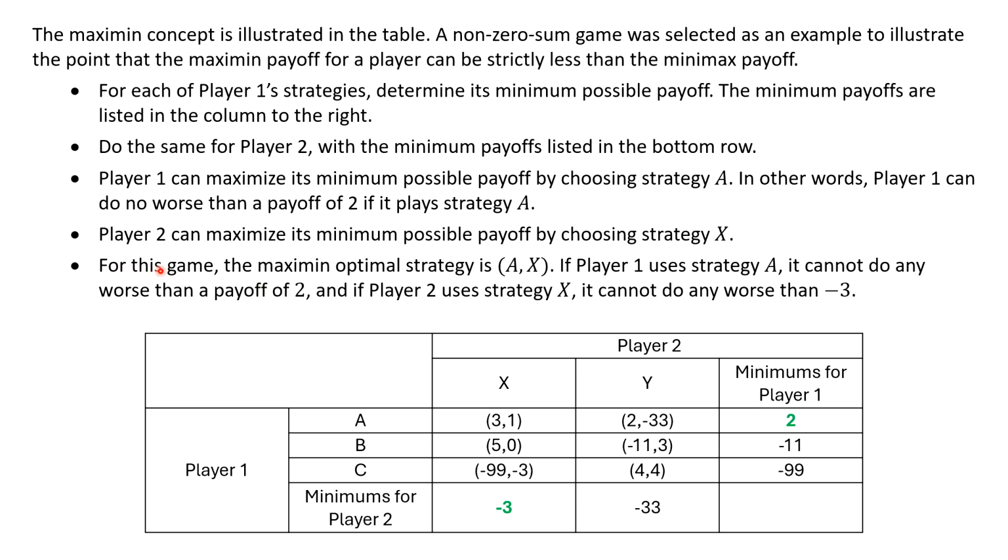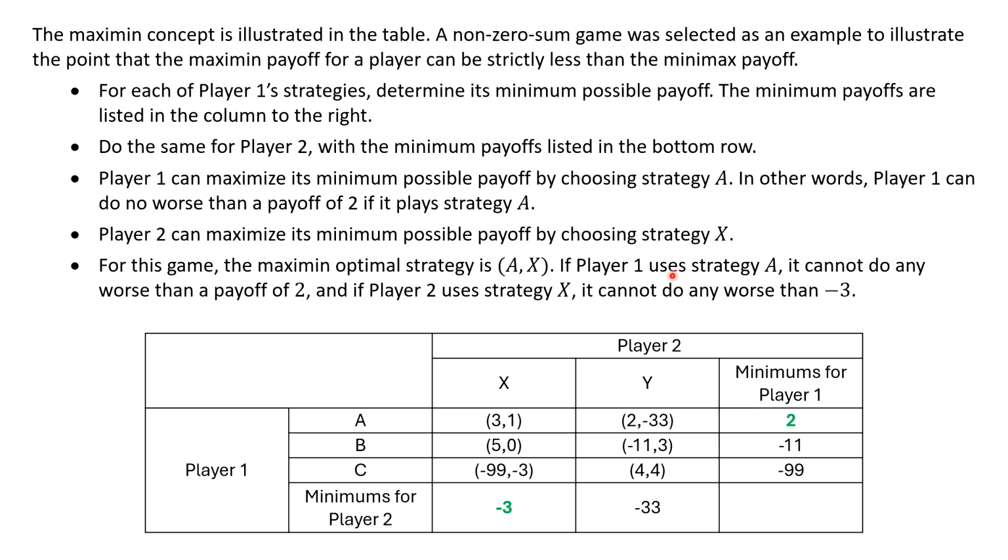So for this game, the maximin optimal strategy is AX. In other words, we have the X being selected by 2 and A being selected by player 1. And so this 3, -1 is the maximin optimal strategy in this particular game.